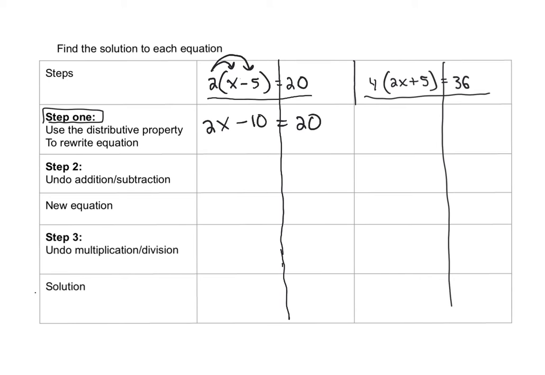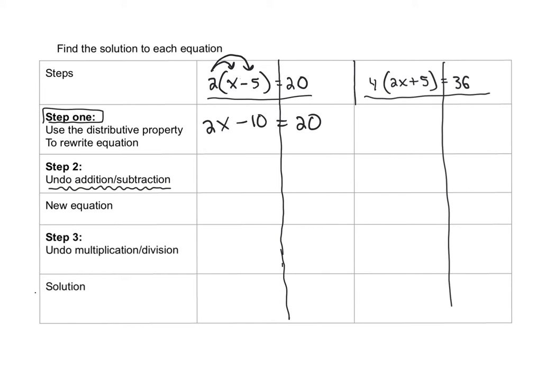And then in step 2, I'm saying undo addition and subtraction. We've been talking about this as using the additive inverse, because for our goal of isolating our variable, we want to get rid of that constant. We don't want it there. In order to get rid of a constant, we need to turn it into a 0 using math.